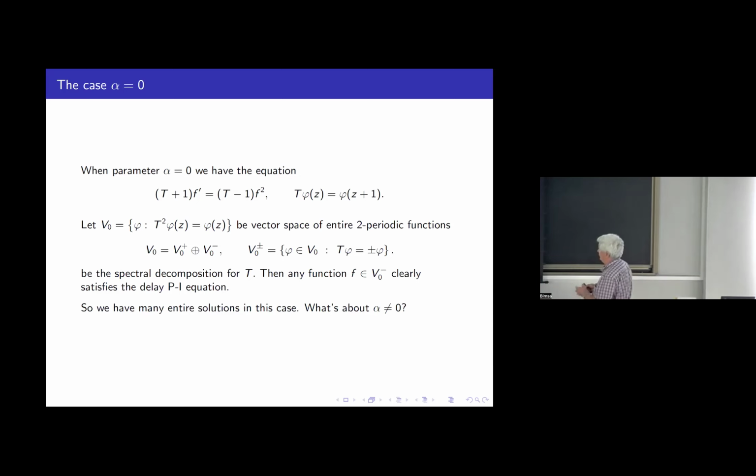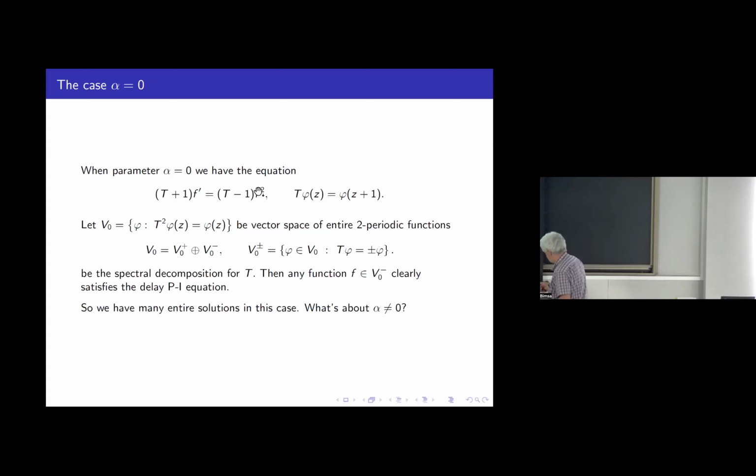And then you can split it as a period 1 function and a period 1 anti-periodic function. It's clear that the anti-periodic function satisfies this, because an anti-periodic function clearly kills the left-hand side, but f squared is periodic, and therefore it's killed by t minus 1 by shift as well.